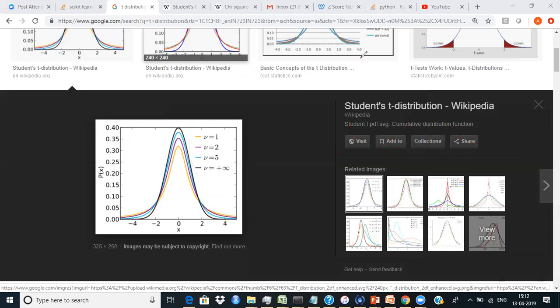Since it is symmetric, mean will be equal to median will be equal to mode. Since it is pressed down, the tails will have higher volume or higher probabilities. Higher probabilities means higher observations, right? So there is higher chance of higher values coming in or lower values coming in, because the extremes have now got higher probabilities.